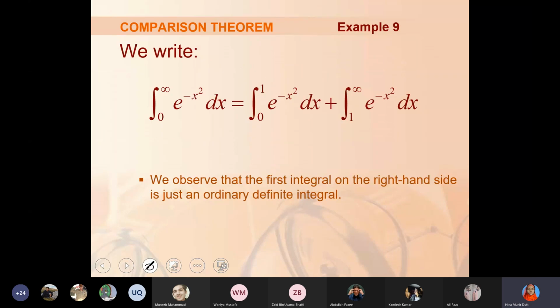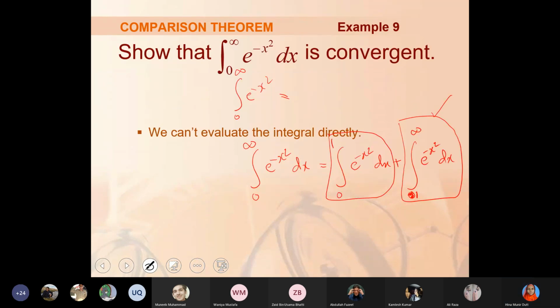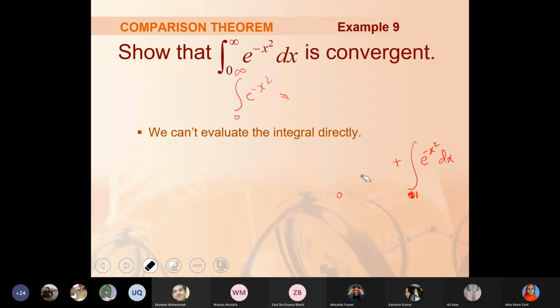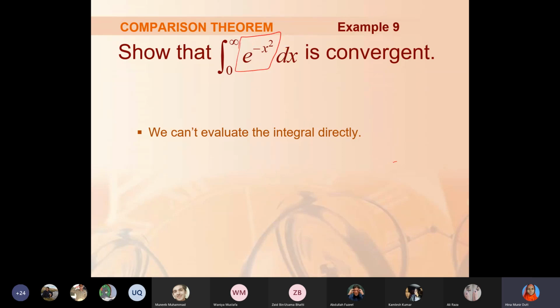How to check it? First of all, I have to build a function to compare it with e power minus x square. How to build it? So first I will see that since x is greater than or equal to 1, if I multiply with x on both sides, the inequality remains unchanged.